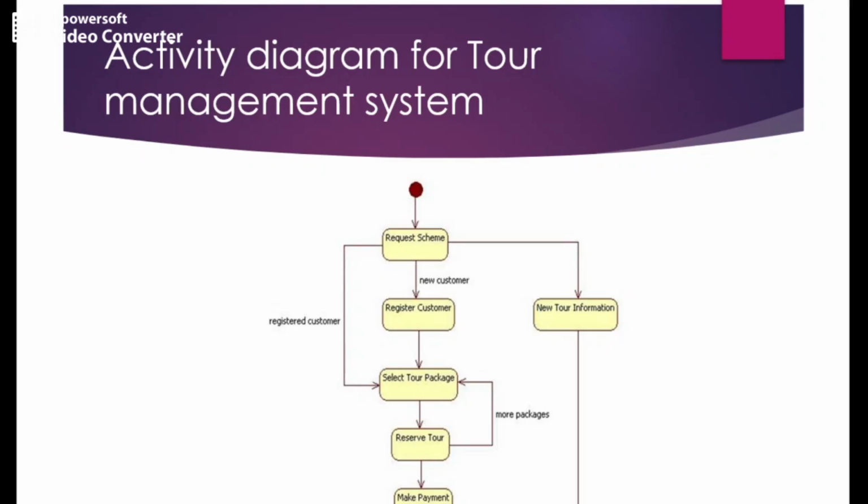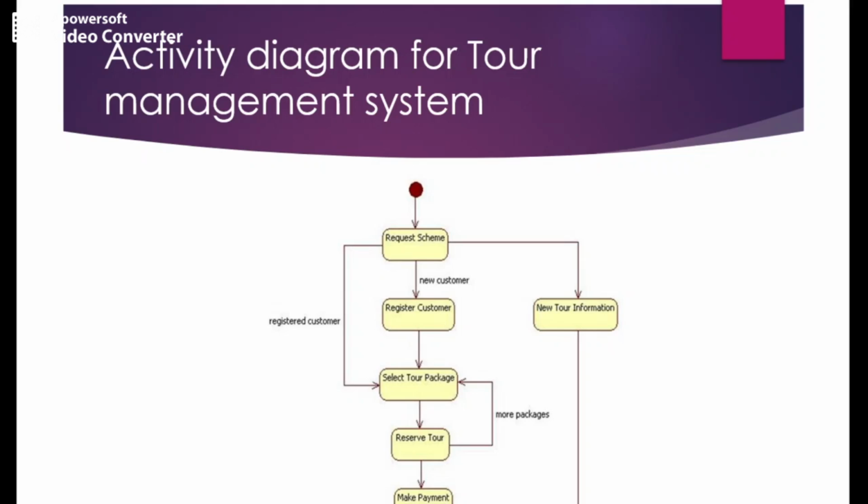So let us revise some of the UML diagrams. First one is the activity diagram for the tour management system. I hope you know what a tour management system is. It's a system which maintains the details of all the tour packages, and you can book whichever tour package you require.